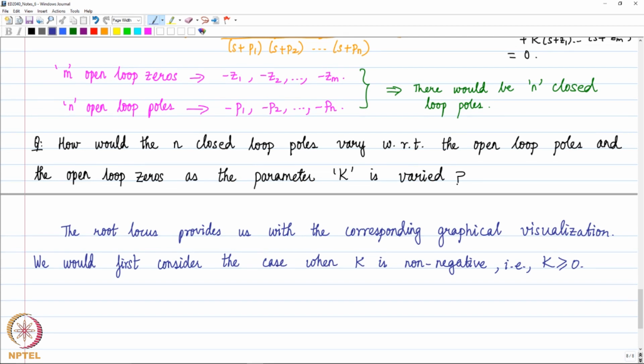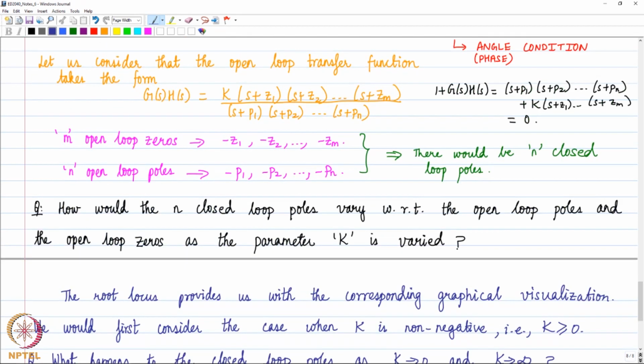I am going to leave you with a couple of questions. What happens to the closed loop poles as k tends to 0 and k tends to infinity? The answer is very evident from what we wrote down.